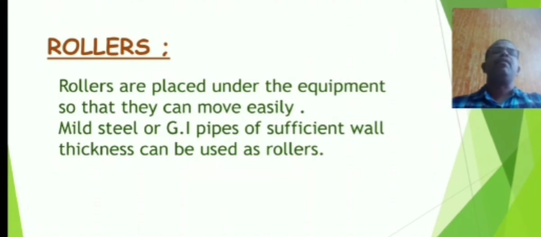But the diameter of the rollers should be even, meaning the same. If the first roller diameter is 20, the second roller should also be 20. I will show you that. It is made out of GI pipes. GI pipes, of mild steel material and sufficient wall thickness, can be used as rollers.